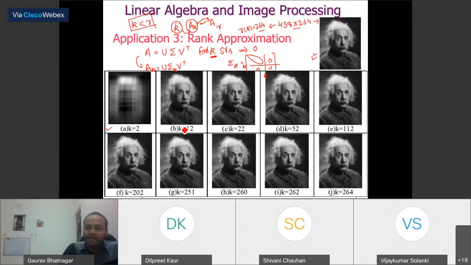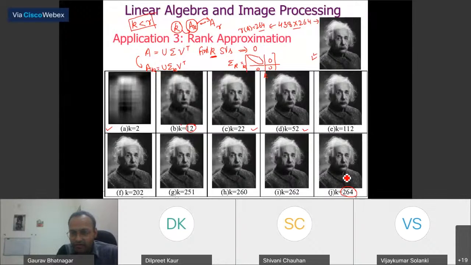Then here I retain the first 12 values, meaning I retain the rank of sigma as 12. This is for 22, this is for 52, and so on. As you travel towards the actual rank, the quality of the image is going to be enhanced.